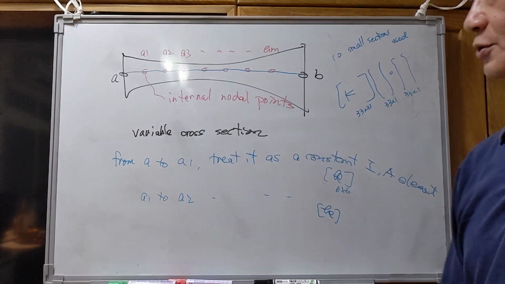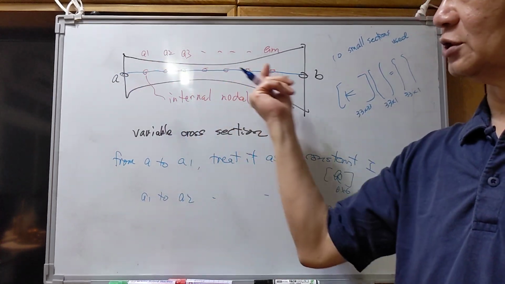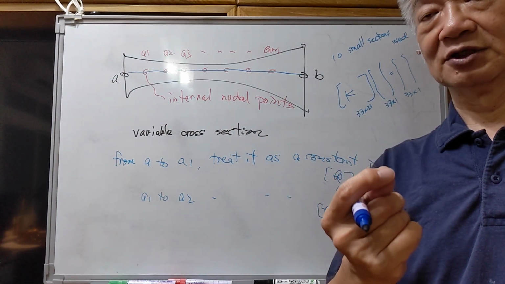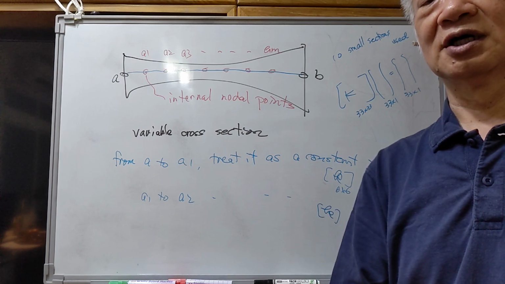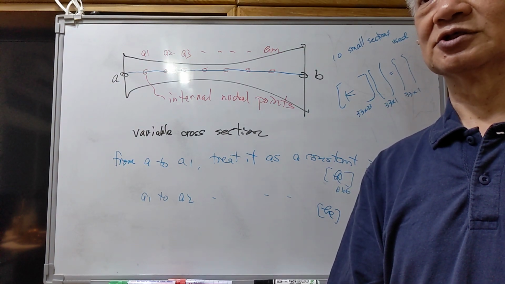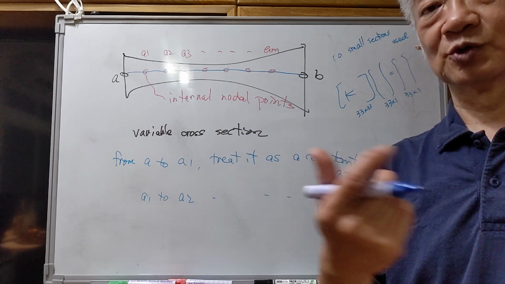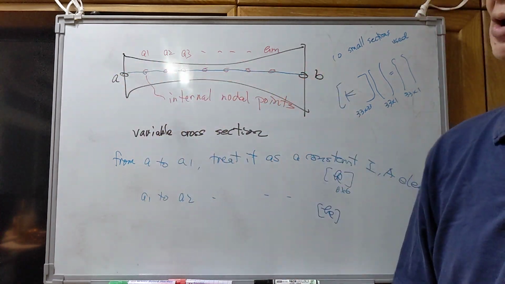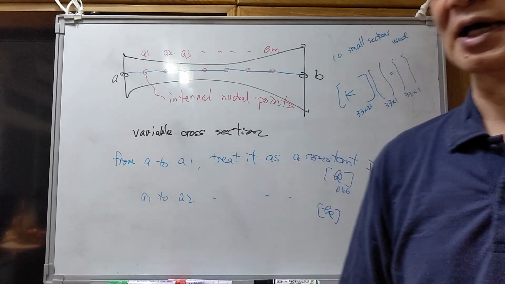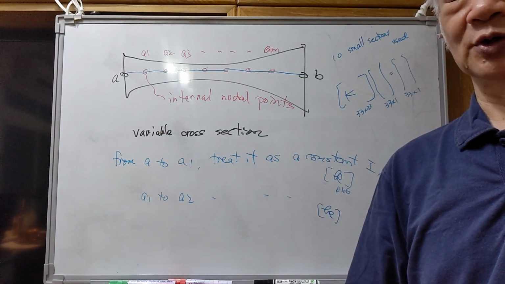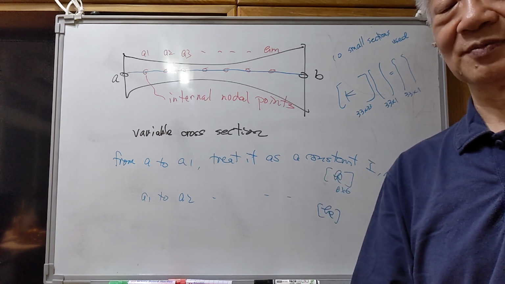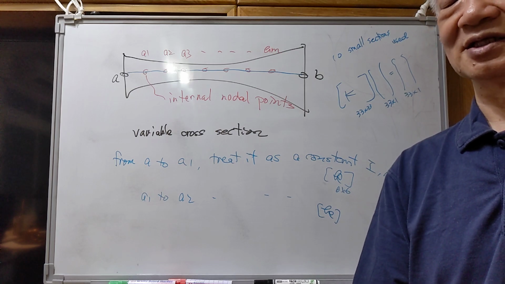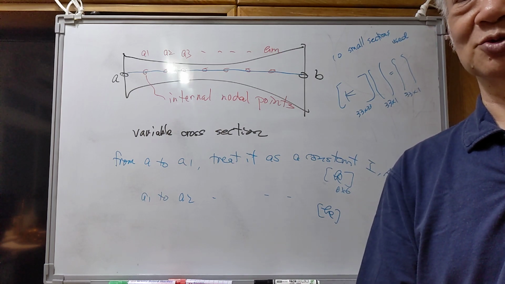Since we cut it into 10 small segments, we need 2 endpoints for each small element, and so for 10 segments, we need 11 nodal points. Only the 2 endpoints are the node points considered by the program user, who needs to know them.